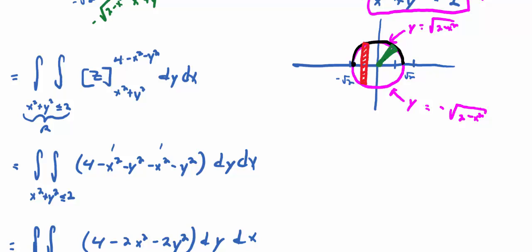And then what does r run from then? 0 to root 2. And this region is the entire disk. So what is theta going to run from? Think angularly, from 0 radians all the way around to 2 pi radians.